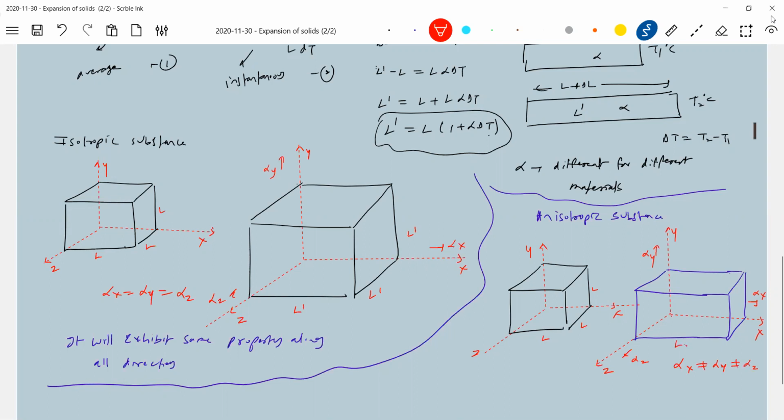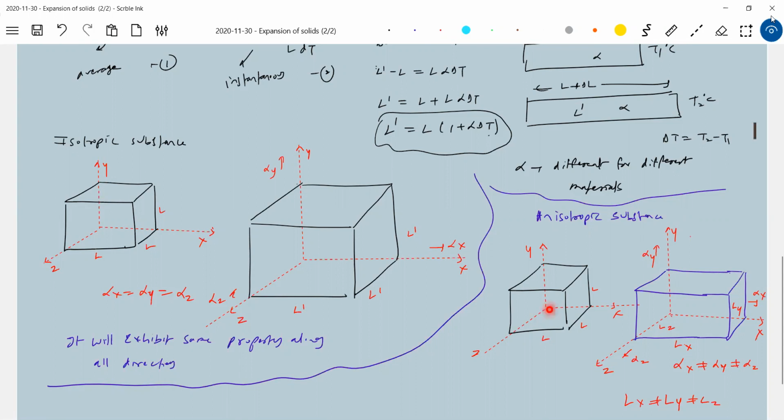So if I write this length Lx, look at now, Lx greater than Ly, and so on. So the same material, don't think that one side is iron and the other side something else.